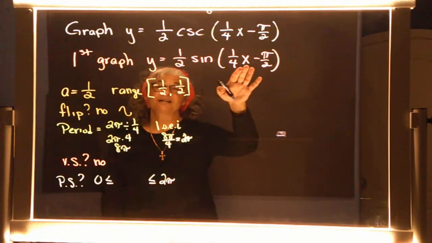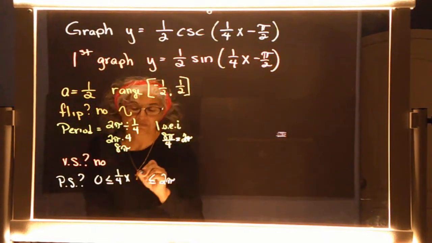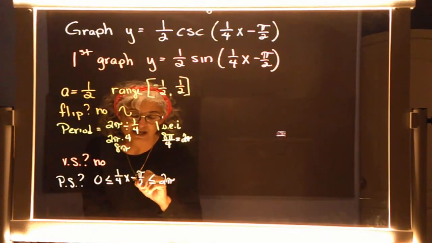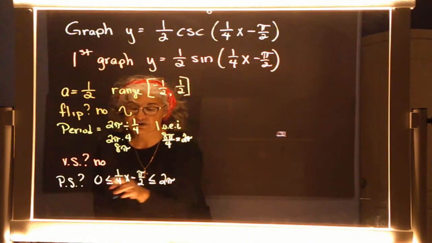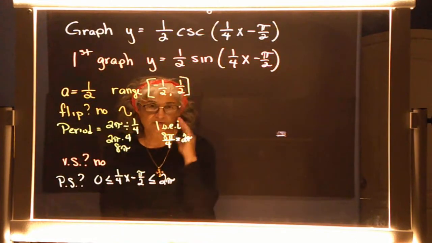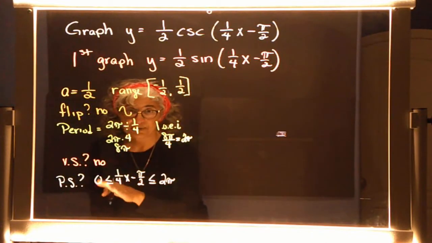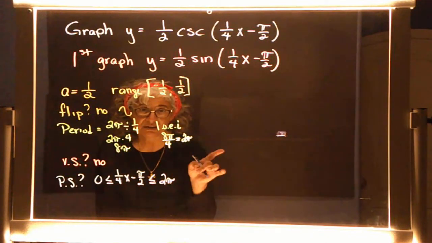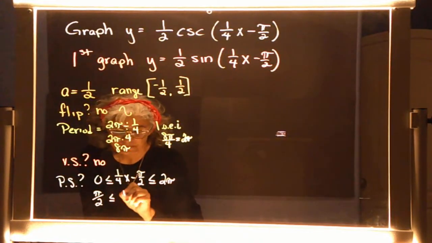In this case, it's not just x, it's 1/4 x minus pi over 2, and I've got to figure out what happens to the 0 and 2 pi when I get x by itself. So, get your algebra on. What's the first thing you have to get rid of? Pi over 2. So I'm going to add pi over 2 to all three sides. Agreed? So the 0 is now pi over 2.